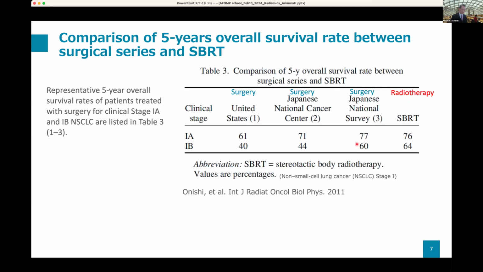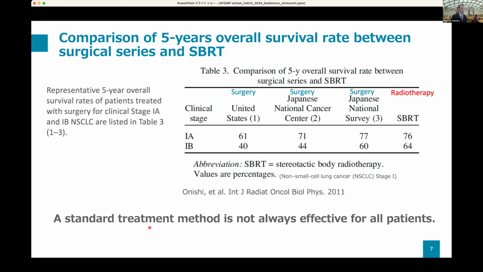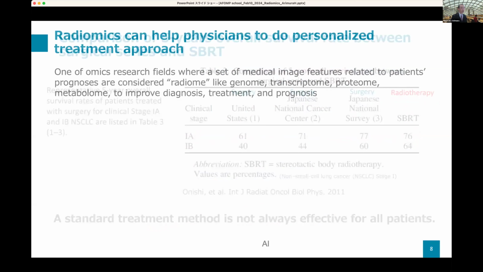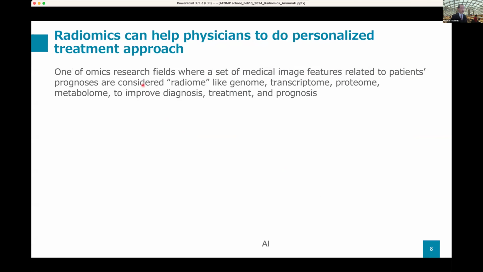So this means a standard treatment method is not always effective for all patients. So that's why radiomics was proposed, and radiomics can help physicians to do a personalized treatment approach.